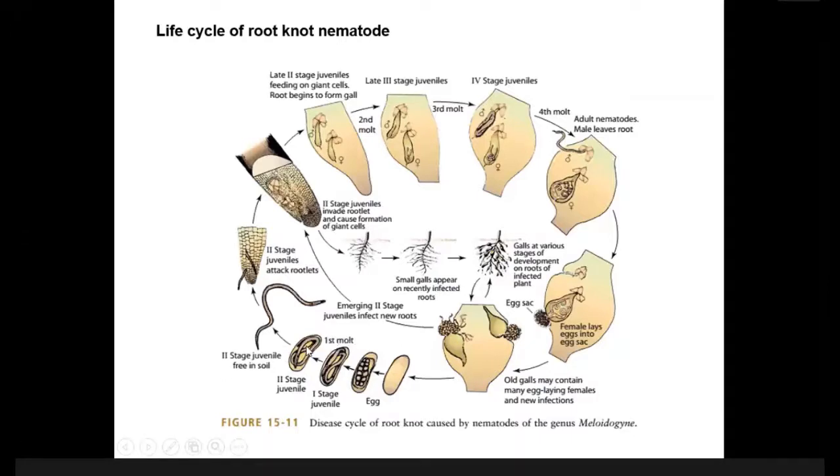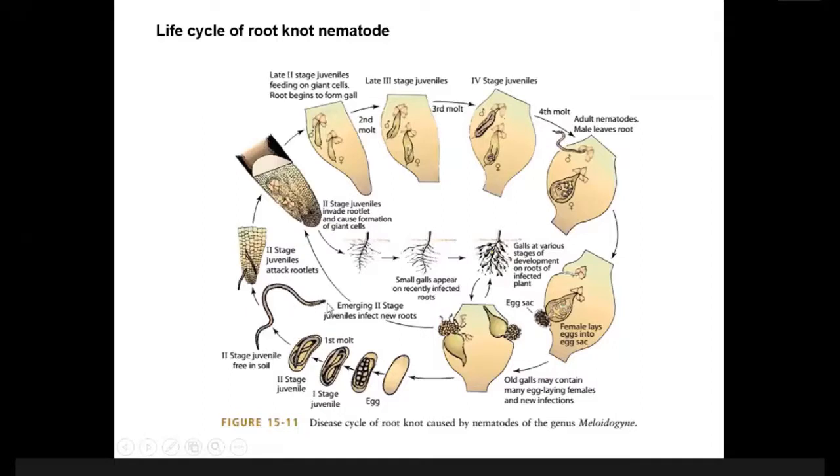You can see here, first molting, the second stage juvenile also remains inside the egg primarily, but later on this second stage juvenile comes out from this egg. They disrupt the egg sac, okay, and the second stage juvenile comes out.